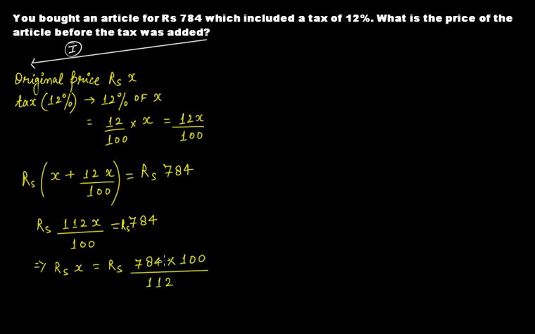So this is 7 times of 112, and from here you get rupees x is equal to rupees 700. That is your original price that doesn't include this tax amount is actually what? Rupees 700. Now the next method, that is the unitary method.